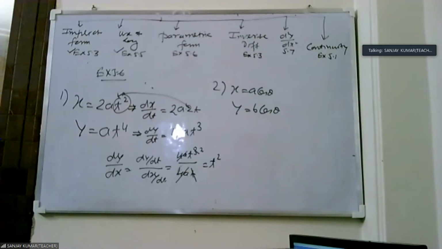Okay, only one student has replied. Only that student whose name I call has replied. That is Lakshit Malik, 12C. Lakshit Malik, please reply. What is the answer of this? You find dx by d theta, then dy by d theta, and get the answer.